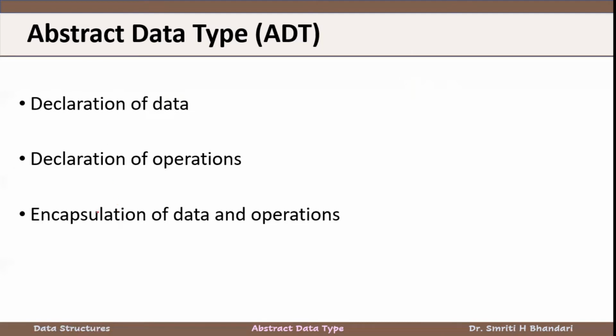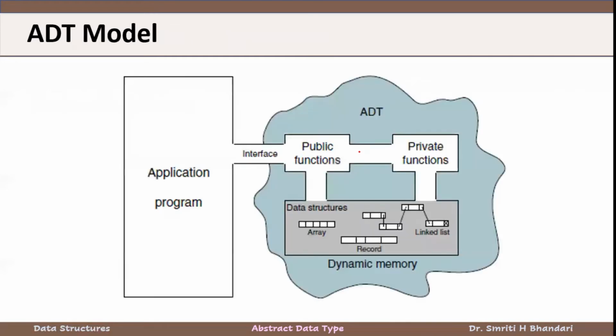So these three are important points to be noted as far as the abstract data type is considered. In abstract data type, there is declaration of data, there is declaration of operations, and encapsulation of data and operations.